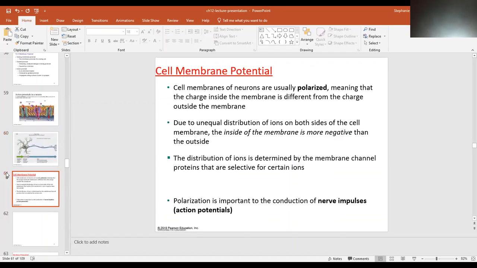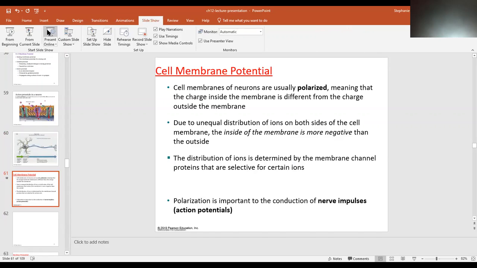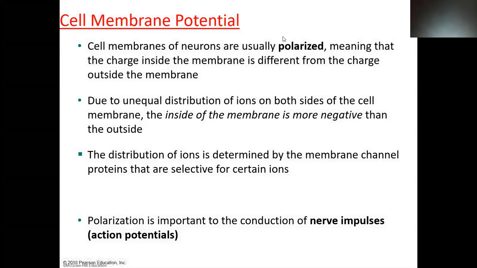So for today, new stuff. Whenever we are looking at cell membrane potential for a neuron, we say that the neuron is polarized. Very important word, polarized. That means that the inside of the cell is differently charged from the outside of the cell.